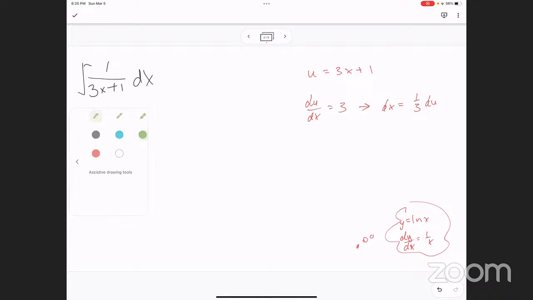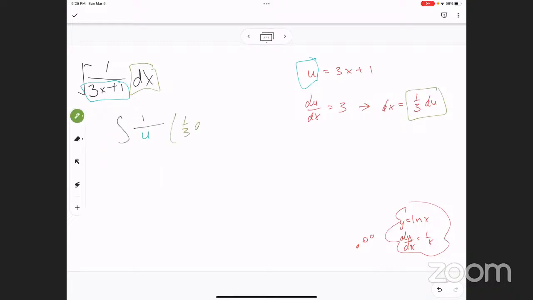So again, I'm going to plug this in for dx, and I'm going to plug u in anywhere I see 3x plus 1. That way I rewrite this integral in terms of u. So 3x plus 1 is u, and dx is the same as 1/3 du.